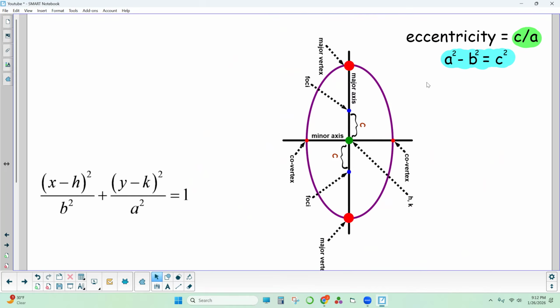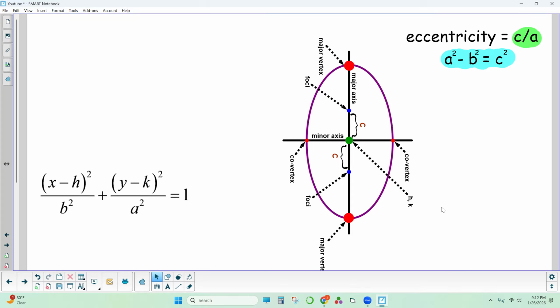All right, up here in the top right-hand corner, we've got eccentricity. And if you've watched an earlier video, eccentricity just describes how circular the conic section is. So a circle has an eccentricity of 0, and as you deviate from a circle, that number increases. The way we find that number for an ellipse is we divide c by a.